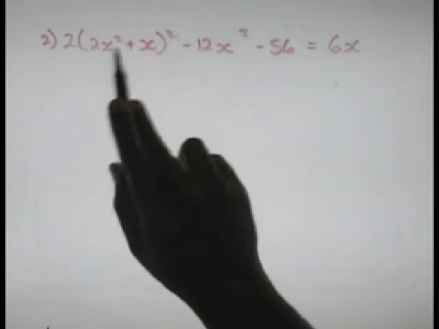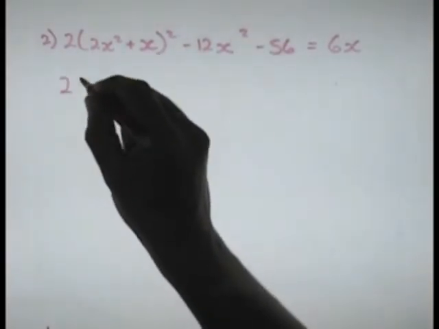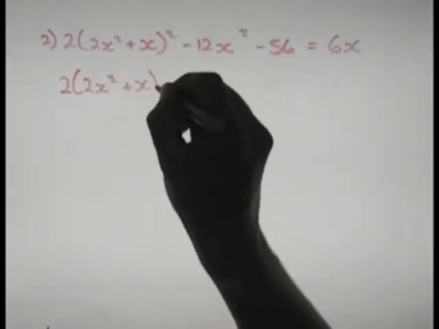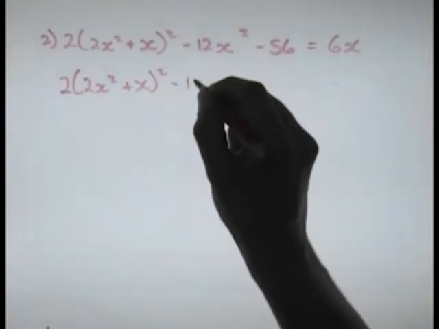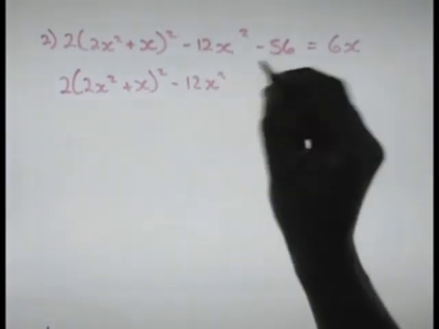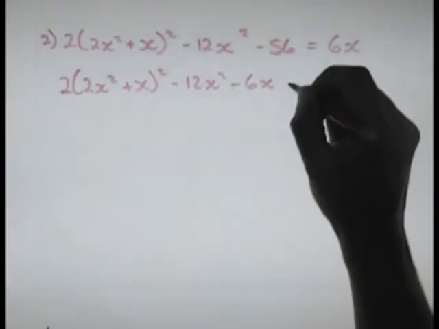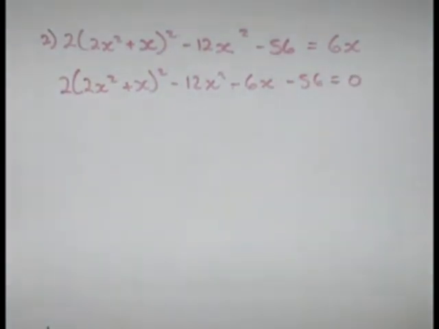Don't multiply that out. Let's start by leaving this as 2 multiplied by (2x squared plus x) squared. Bring this across, so it will be minus 12x squared minus 6x minus 56 is equal to 0.